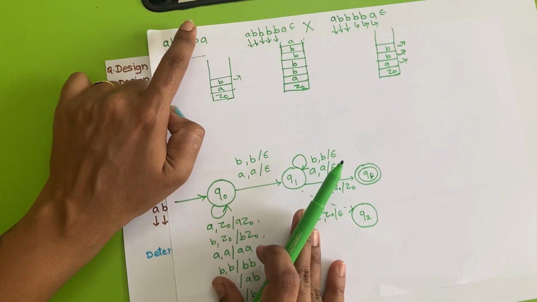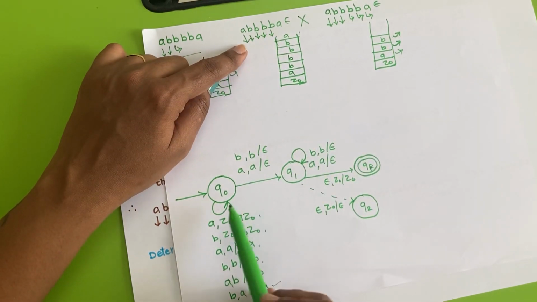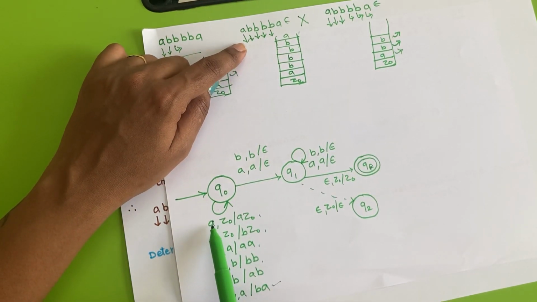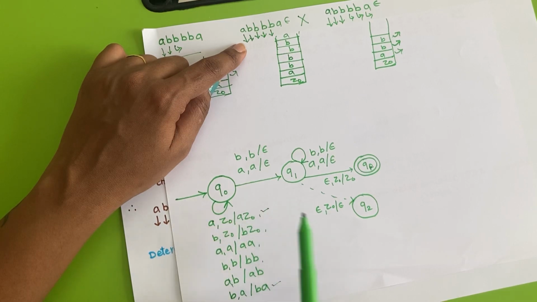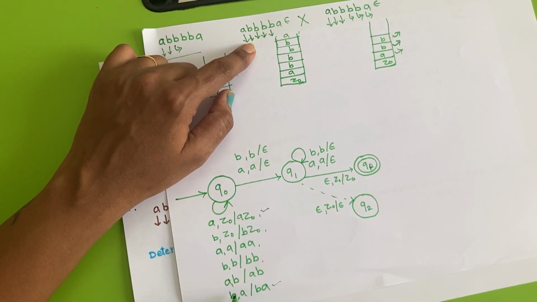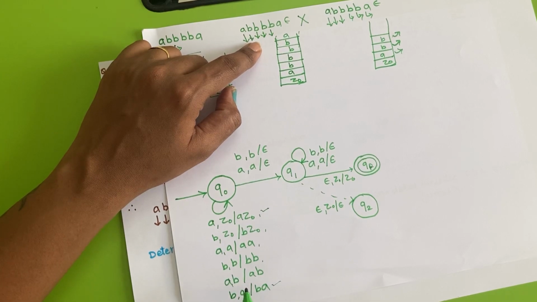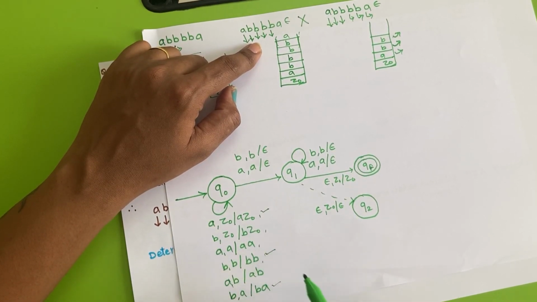Now if we choose an alternate way, first A will be pushed onto the stack, performed by executing this transition. For the second B, top of stack is A, so this will execute this transition. For the third B, top of stack is again B, so this will execute this transition.